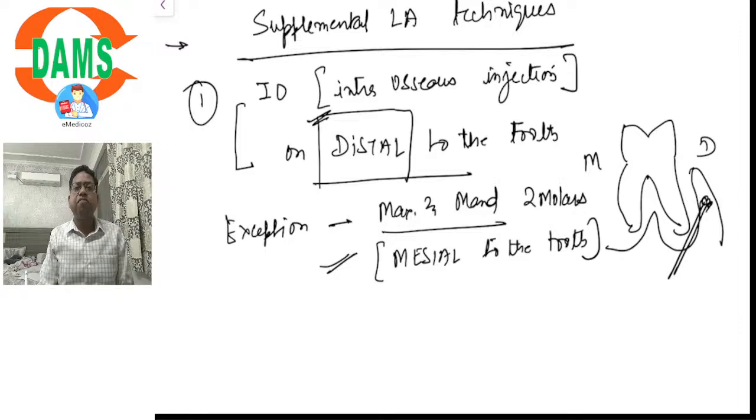Why for second molars, maxillary and mandibular? Because the distal bone is quite hard, both in the mandibular and the maxillary region. So it is better to give on the mesial side so that the bone can be penetrated easily and local anesthetic can be deposited intraosseously. So the general rule is distal, but for second molars, we follow mesial.